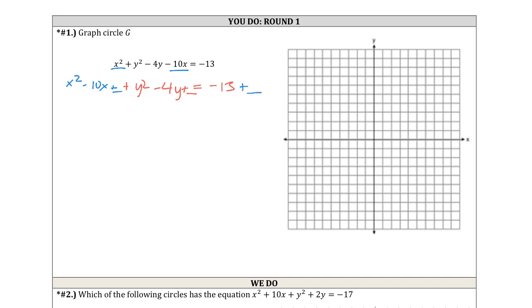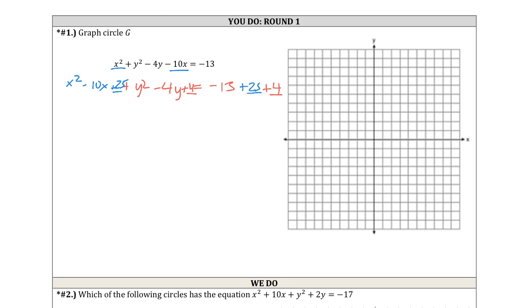And if I'm going to do that, I want to balance it out and add them to both sides of the equation. The number I need to add to complete the square for the x's, negative 10 divided by 2 is negative 5. Negative 5 squared is 25. Need to add 25. For the y's, negative 4 divided by 2 is negative 2. Negative 2 squared is 4, so I'm going to add 4 to both sides.